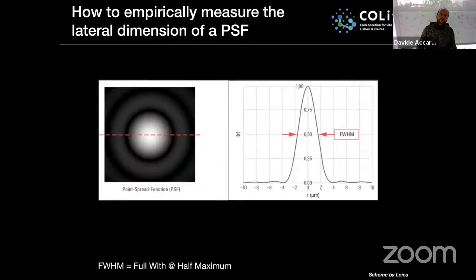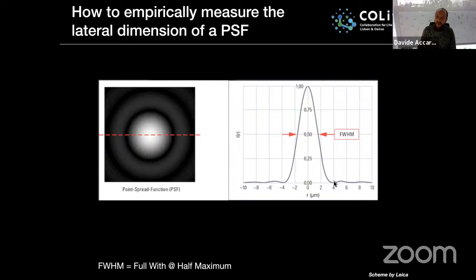Then, how to empirically measure the lateral dimension of a point spread function. This is very important because it is standardized, and it's important to understand what your resolution is, or to verify that your system actually respects the theoretical resolution that you can calculate with the Abbe formula. This scheme was made by Leica, and here you have your point spread function and a line profile, as I did, and this is the signal collected by this line profile.